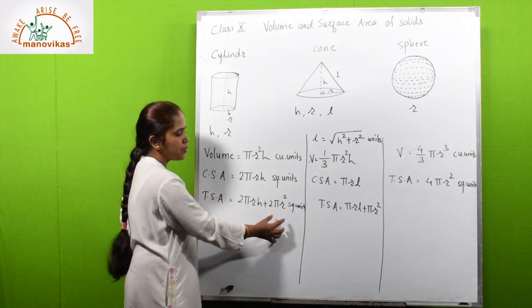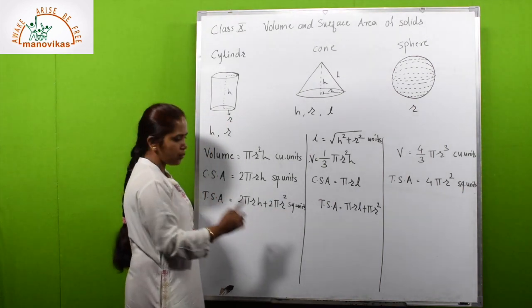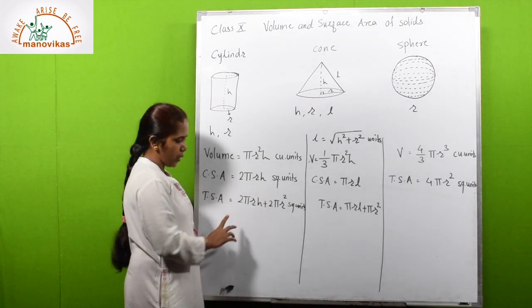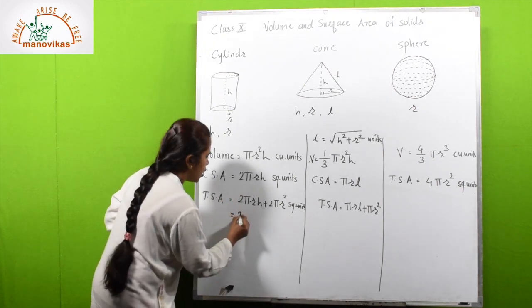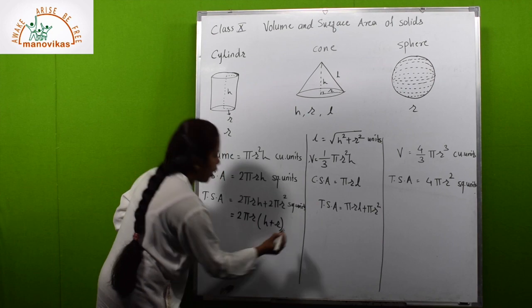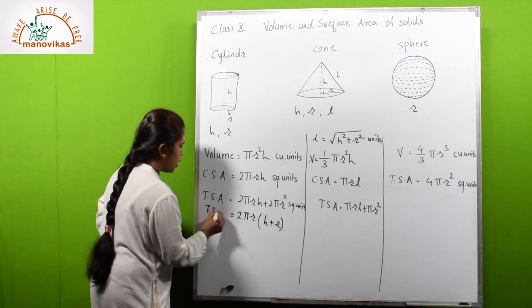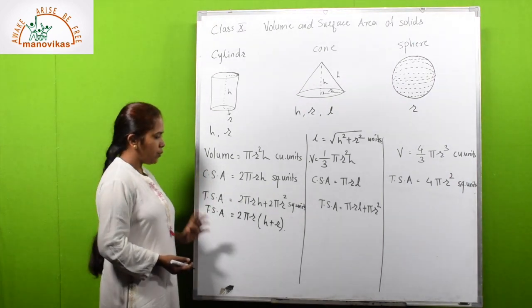Area for the circle is pi r square, but there are two surfaces which are in circular form, so 2 pi r square. So in short, you can write this as 2 pi r into (h plus r). This is total surface area for the cylinder. These are the three formulas.